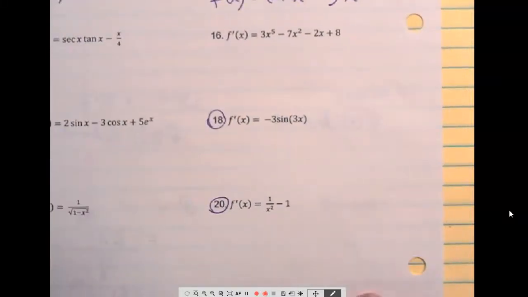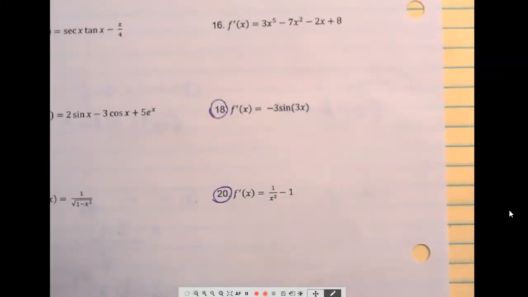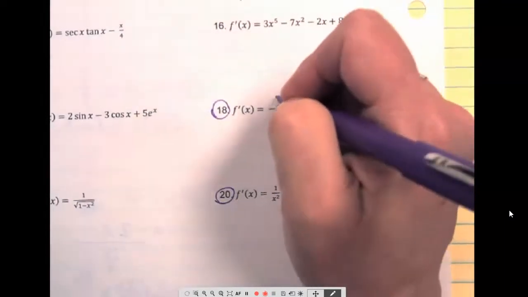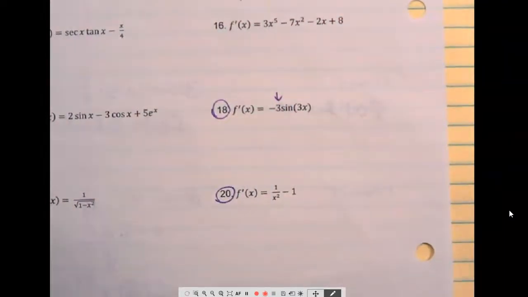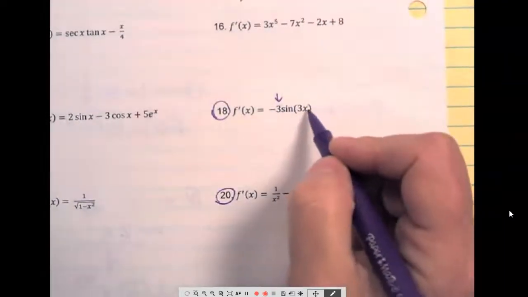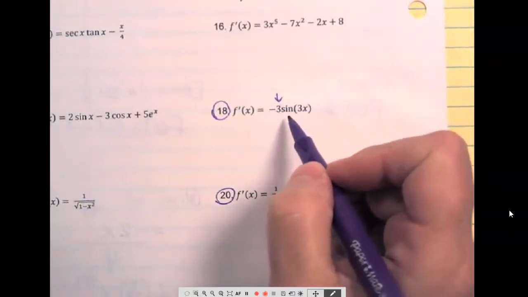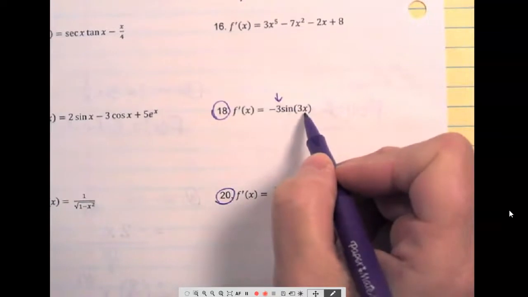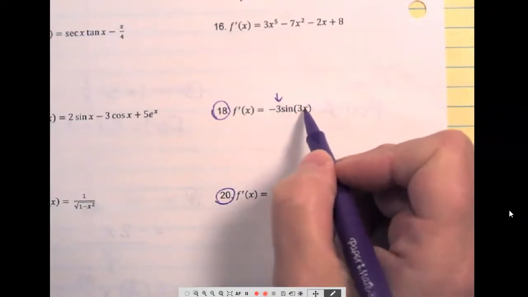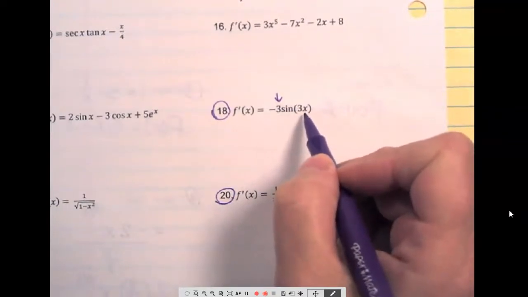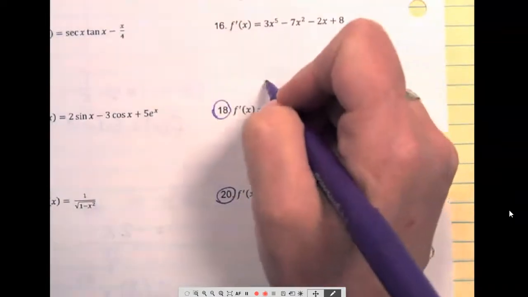All right, so 18. The 3 right here is there because of chain rule. I notice that I have a 3x here and I have sine in front of it. So whether it was sine or cosine to start with, I would have had to use the chain rule and multiply by the derivative of 3x, which is why the 3 is there.